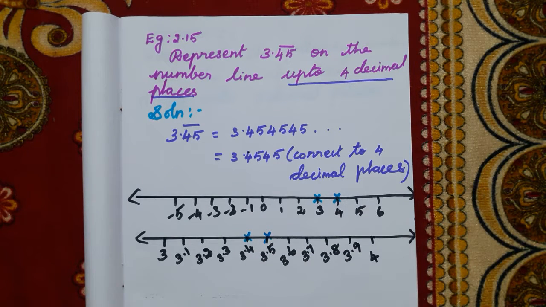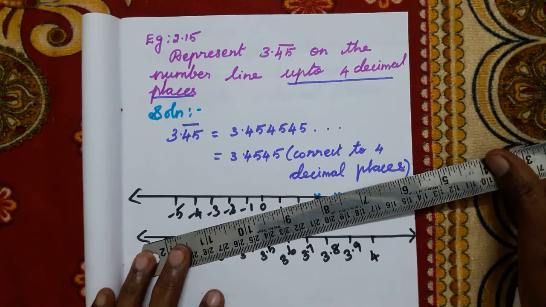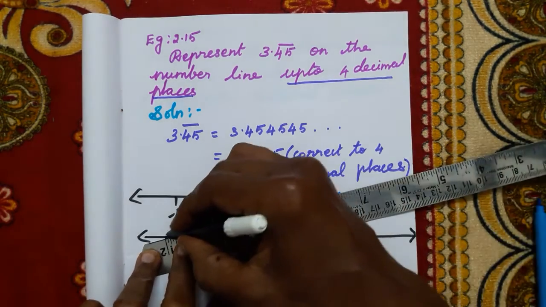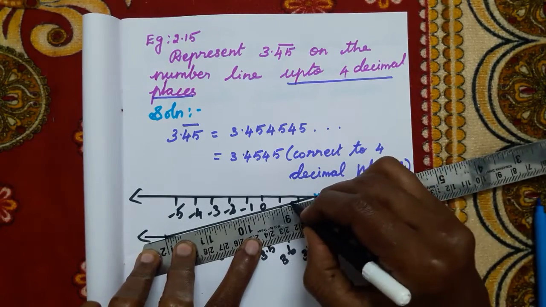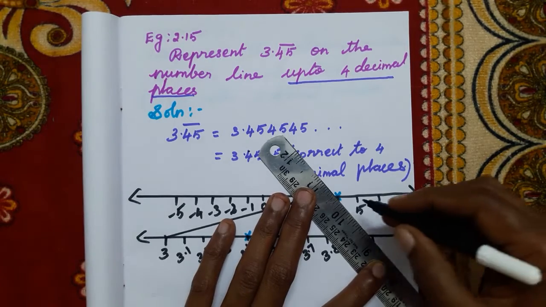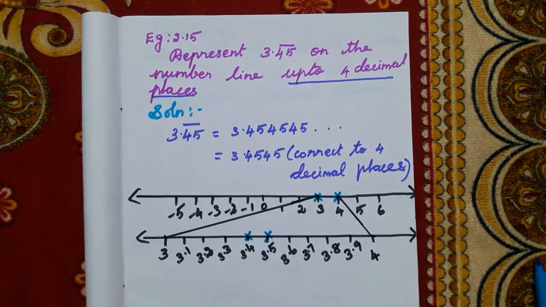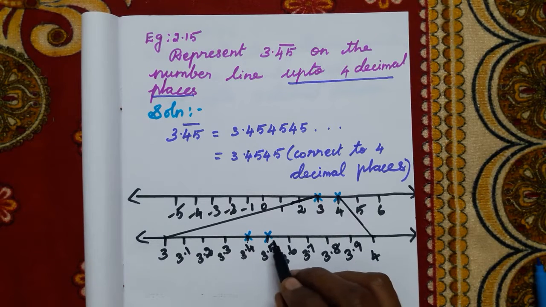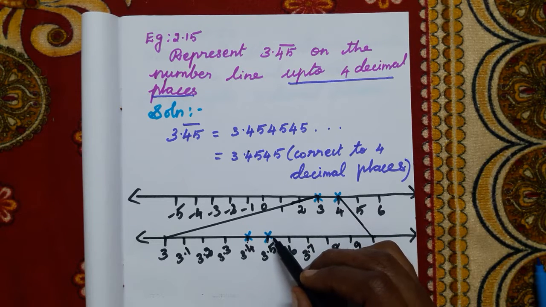Before that itself we have to join 3 to 3 and 4 to 4. Now these numbers are between 3.4 and 3.5. We marked 3.4 and 3.5.